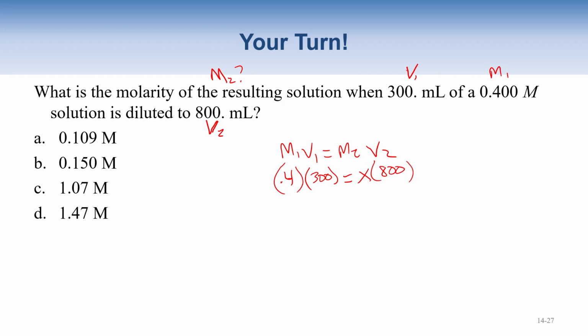So now we're going to do the 0.4 times 300, 120, equals 800x. Now to isolate the x, we're going to divide both sides by 800. We get 0.150 molar.